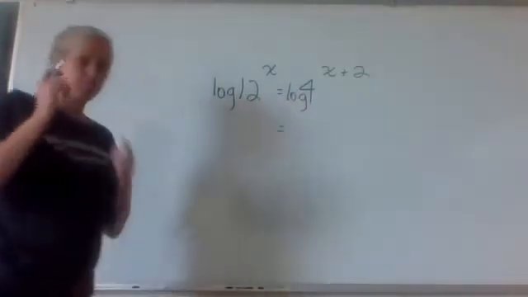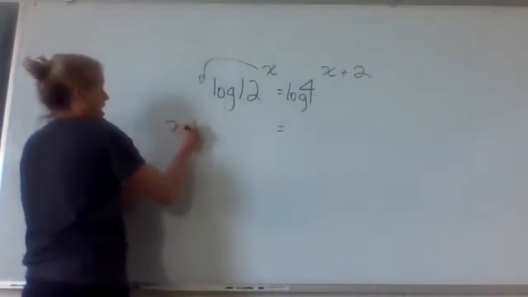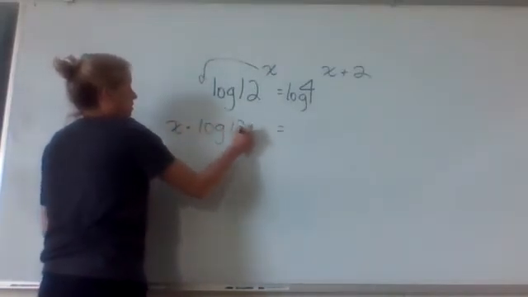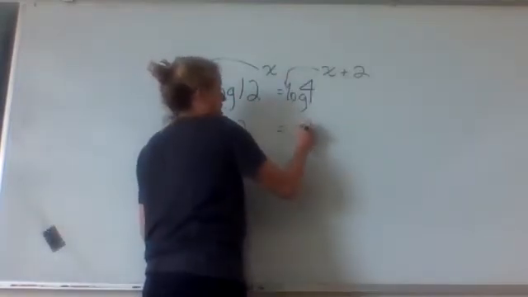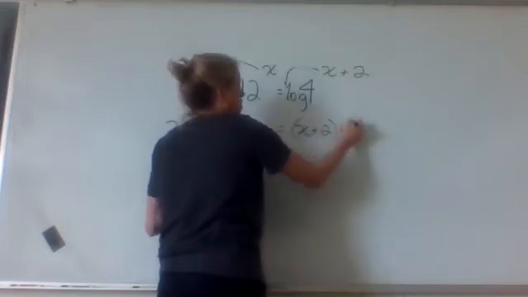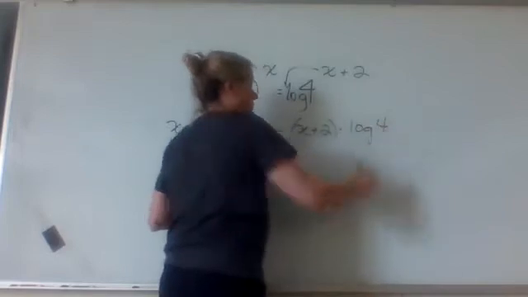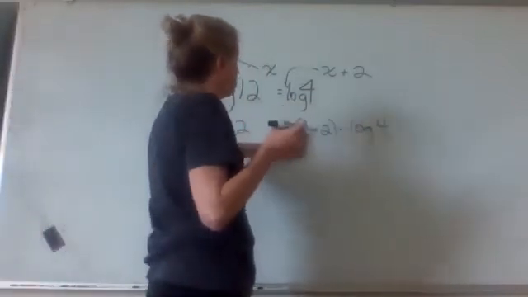So here the x comes down. So I have x times log 12. Now, over here, it brings this whole exponent down, right? So I'm bringing down x plus 2 times log 4. Now, here's the reason I put the parentheses around that x plus 2.